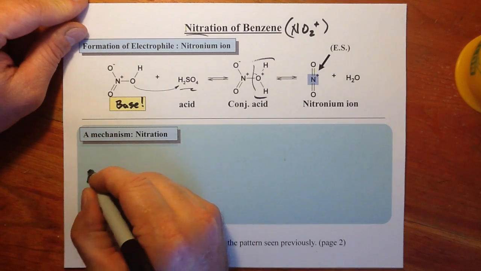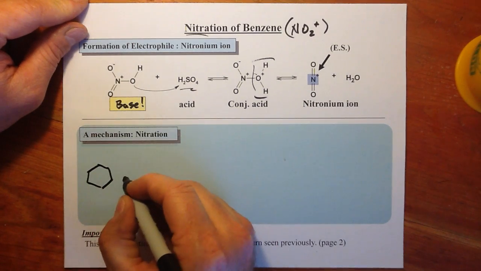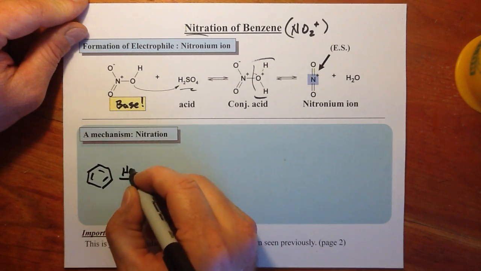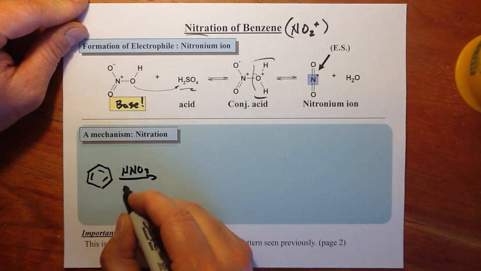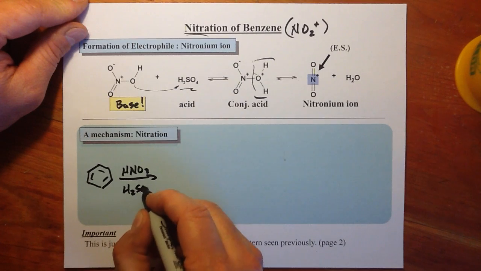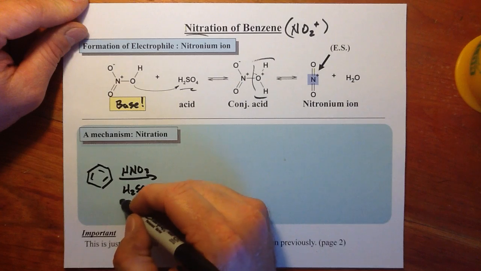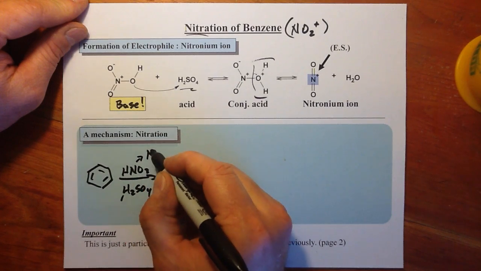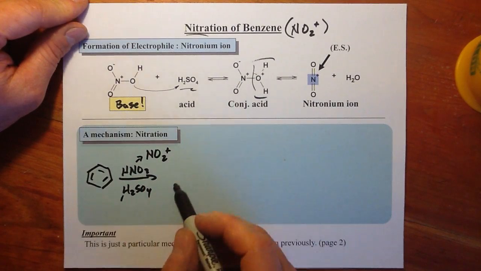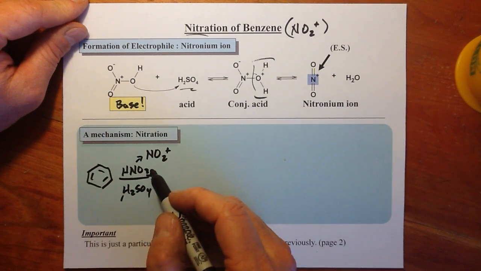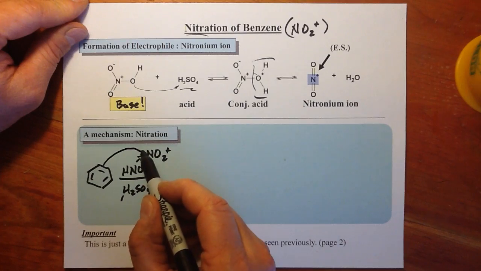So what I'm going to do is just propose that we start with a mixture of nitric acid, that's our reagent, and we add a catalytic amount of sulfuric acid, and typically a little bit more than that's fine. Without too much mechanistic detail, I'm just going to say that gives me my electrophile. Now I'll start talking about the mechanism.